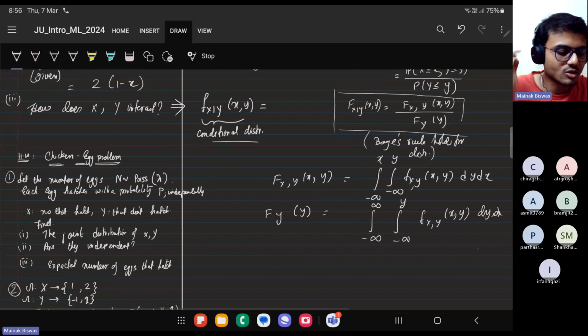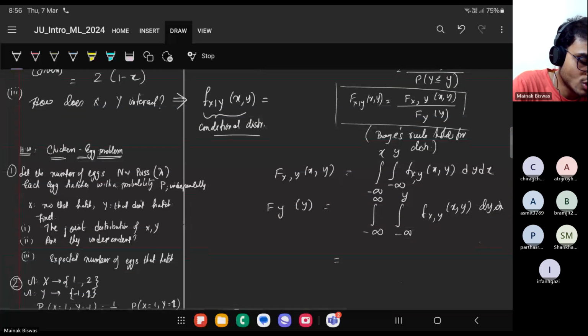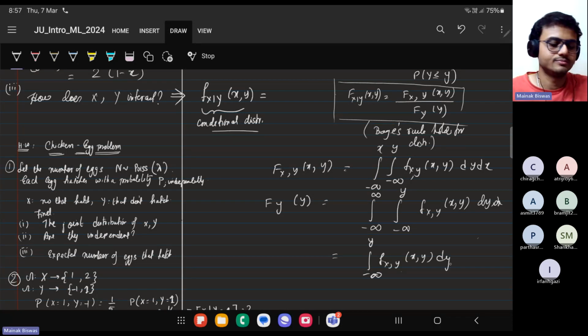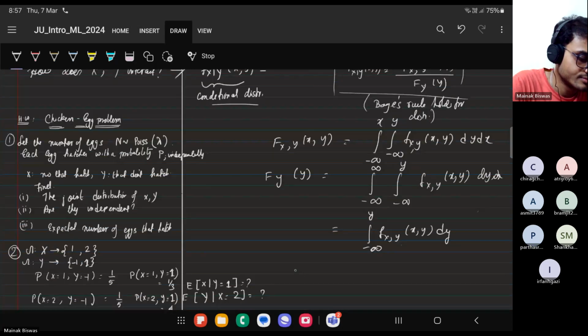So here the minus infinity to x will be removed automatically, and you'll be left with minus infinity to y. Is this okay? I guess this is okay, right? Yes. There's no doubt. You are saying yes.